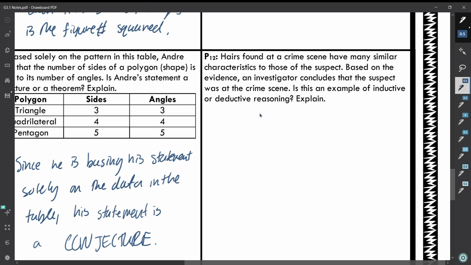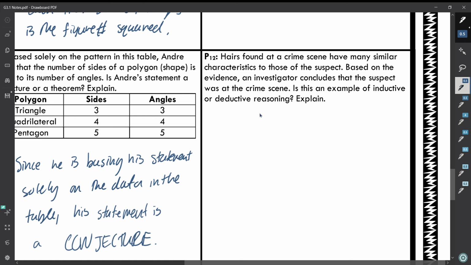Okay, number 12. Hairs found at a crime scene have many similar characteristics to those of the suspect. Based on the evidence, an investigator concludes that the suspect was at the crime scene. Is this an example of inductive or deductive reasoning? So we look at the crime scene, the investigator. They look similar to the hairs that they find. Look pretty similar to what the hairs of the person are. Right?